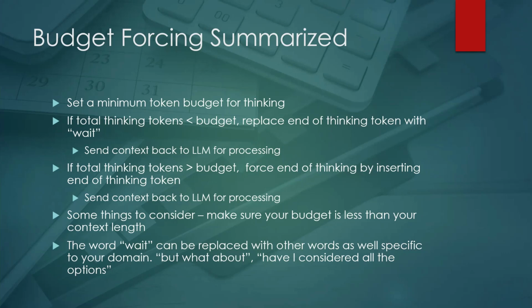And if the total thinking tokens is less than the budget, then you replace the end of thinking token with the word wait, and then you send the context back to the LLM. On the other hand, if your thinking tokens have exceeded the budget, then you force the end of thinking by inserting the end of thinking token, and then you send it back for the final response.